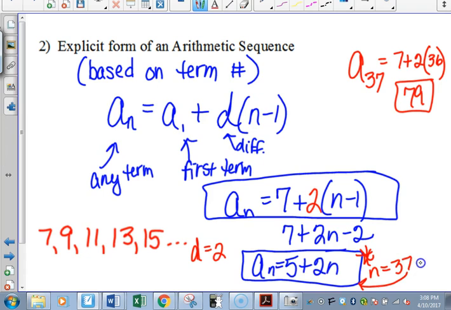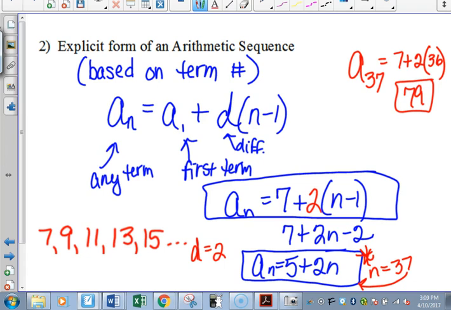Okay. Oh, I was just going to lead into a segue to the next part here. The two things we needed to know was the difference.